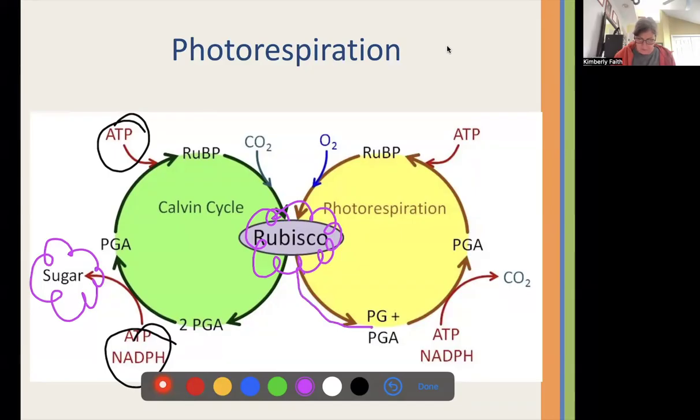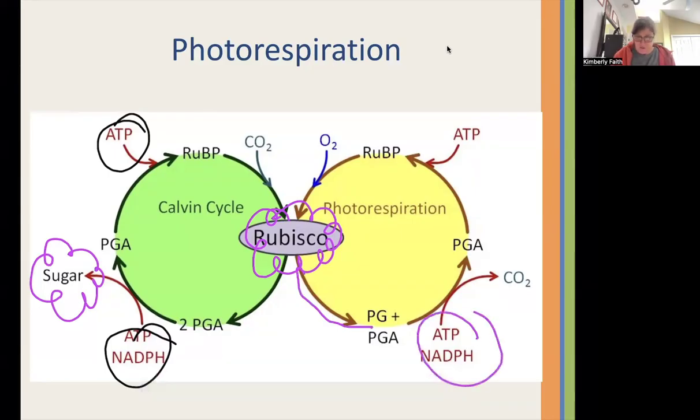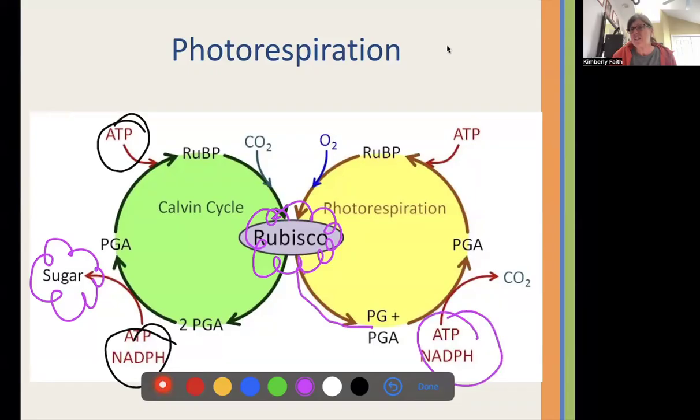Notice we're using our products from the light reaction, ATP and NADPH. It is going to kick out CO2 and it's going to use some more ATP. We do not get sugar. So it's using all that energy that we just spent time making in the light reaction to do basically nothing. It's unproductive, right?